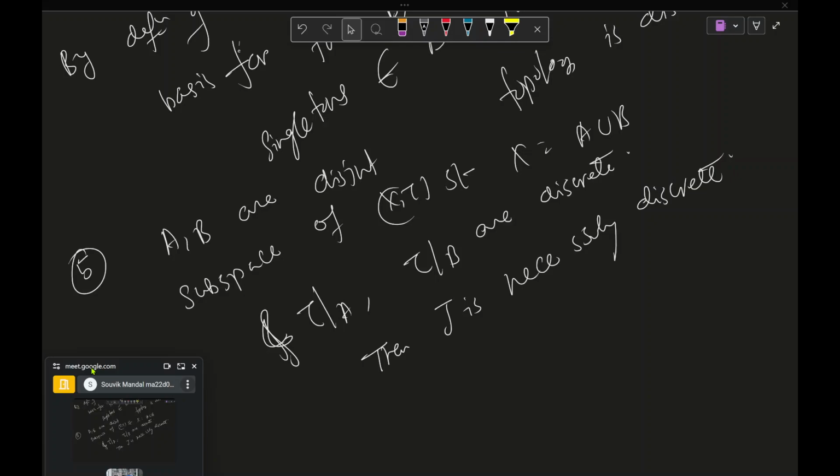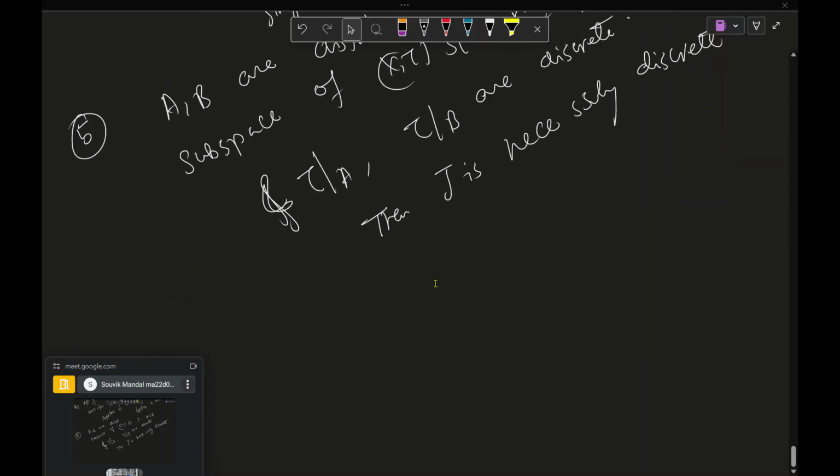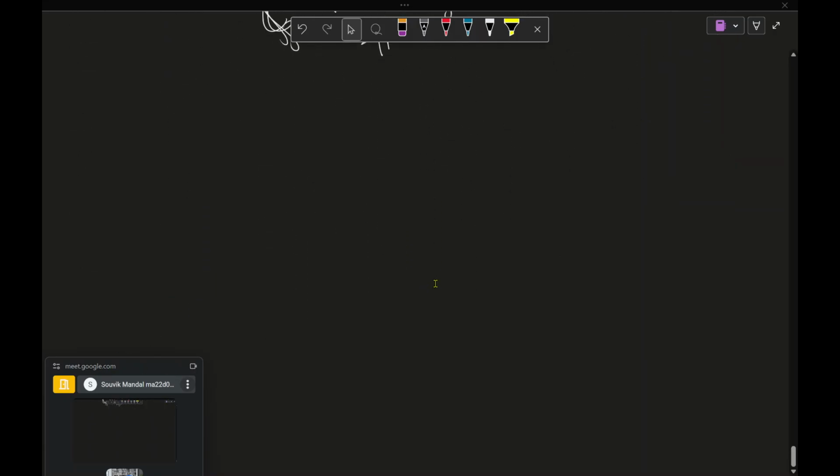Of course it's false, right? It is somehow obviously false, because restrictions may be discrete while the whole space may contain even a single limit point.